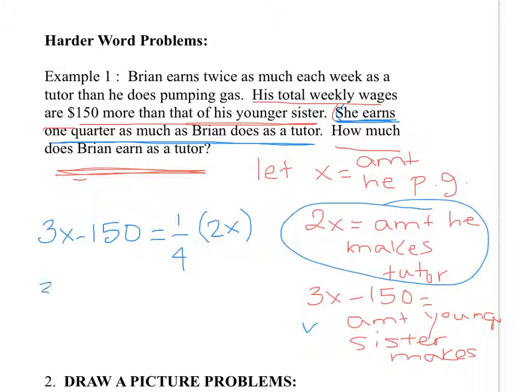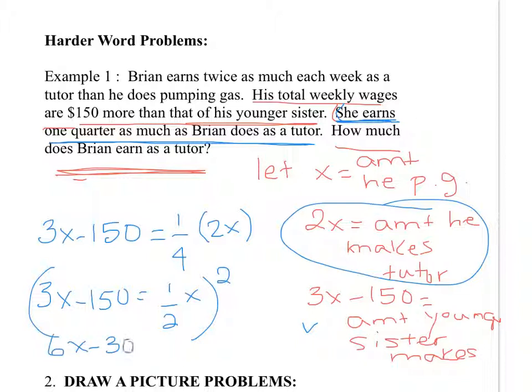And we get 3X minus 150 equals 1/2 X. All right, so it's Coach Fred. She's going to clear fractions because she sees fractions. So she's going to multiply everything by the LCD, which is 2. All right, so that's going to give me 6X minus 300 equals X. All right, let me move up a little bit.